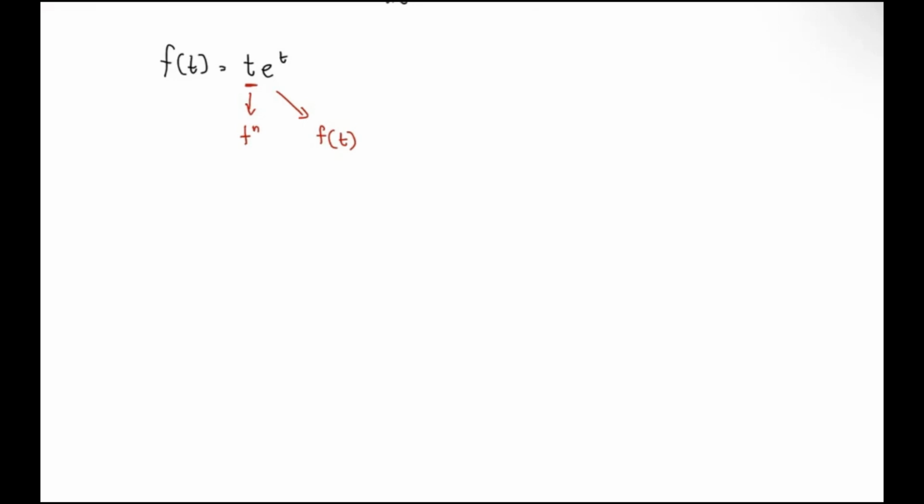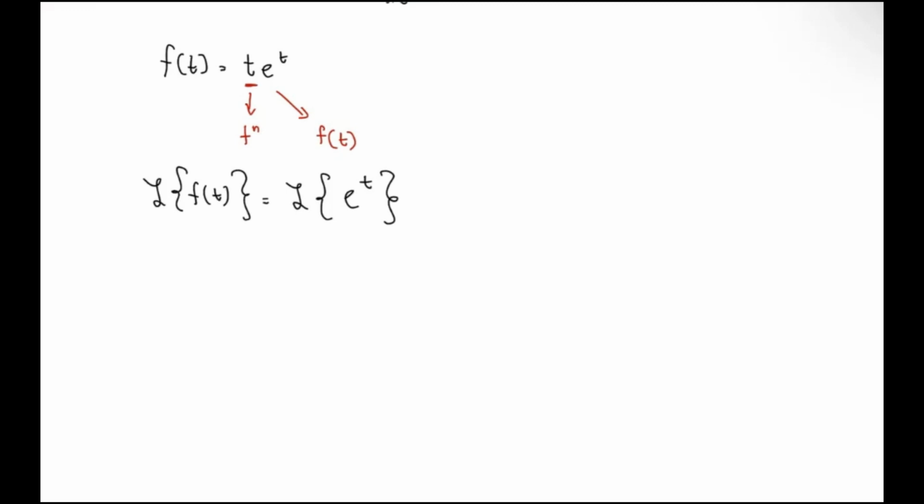So in order to find the Laplace transform of t e^t, first we need to transform this e^t. So let's say we have f(t). The Laplace transform of f(t) is equal to the Laplace transform of e^t. Referring to the Laplace table, I hope you open your book.